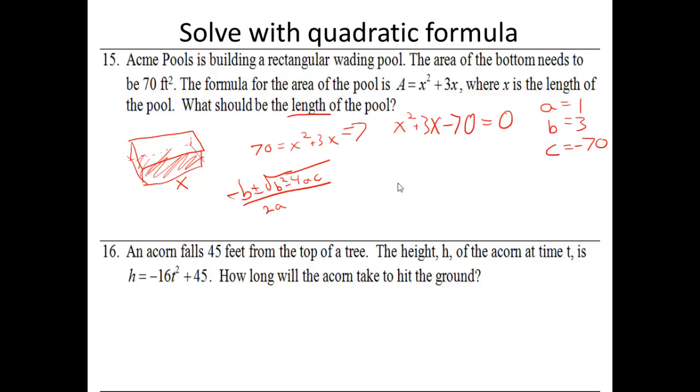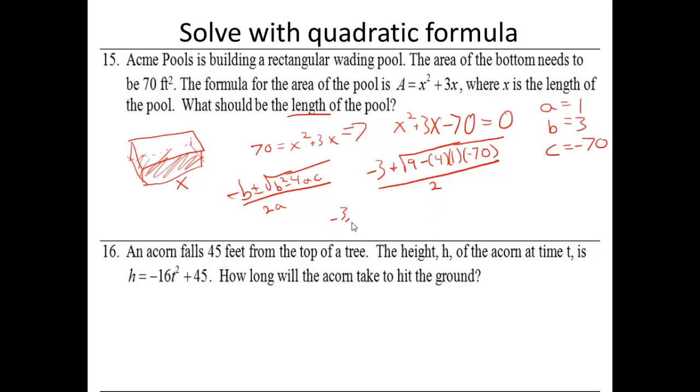We see that we have a negative 3 plus square root of b squared, which is 9, minus 4ac, which is going to be 4 times 1 times negative 70, all over 2.